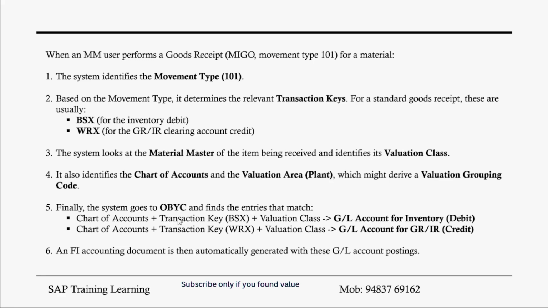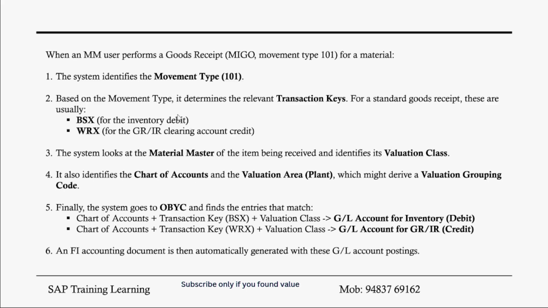You understood the transaction keys, you understood the valuation class. What about the chart of accounts? Chart of accounts, you know, right? The set of GL accounts is maintained at company code level. How does this come into the system? We will see. But this transaction combines these three in one place and allows us to assign one particular GL account based on this equation.